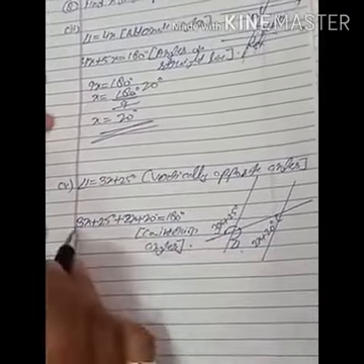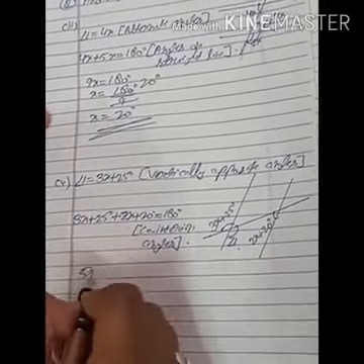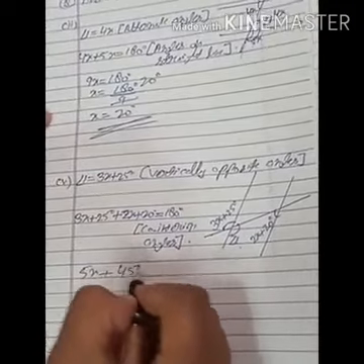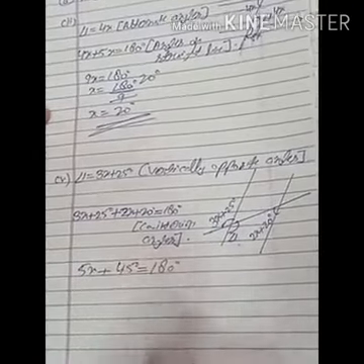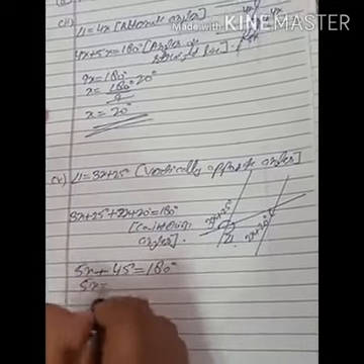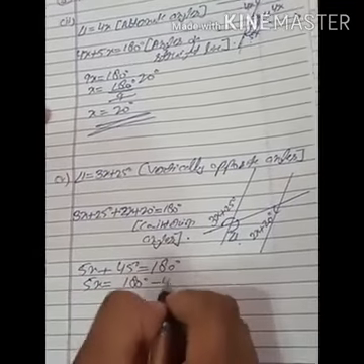So 3x plus 2x, 5x, plus 25 degrees plus 20 degrees, 45 degrees, is equal to 180 degrees. So 5x is equal to 180 degrees minus 45 degrees.